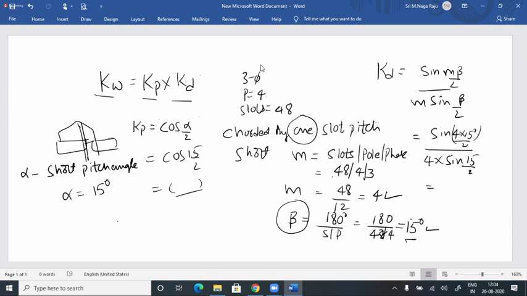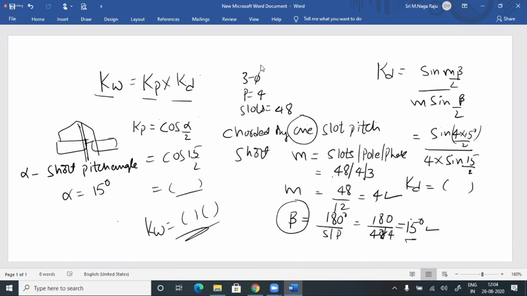If you solve this, we'll get one value. That is the KD. Now winding factor KW equals this KP value into KD value. So the formula is easy, and identifying the M value, beta value, alpha value is also easy if you have practice.